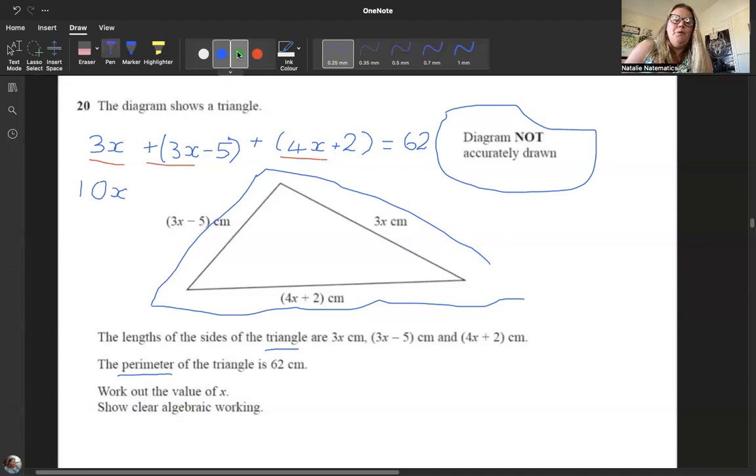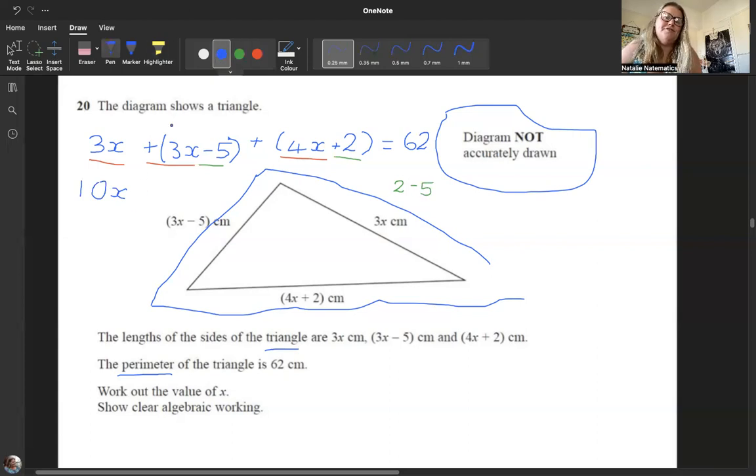Right, so now we've got minus 5 plus 2. Well, we know that's the same as 2 minus 5. We're just putting them the other way around, which is minus 3.